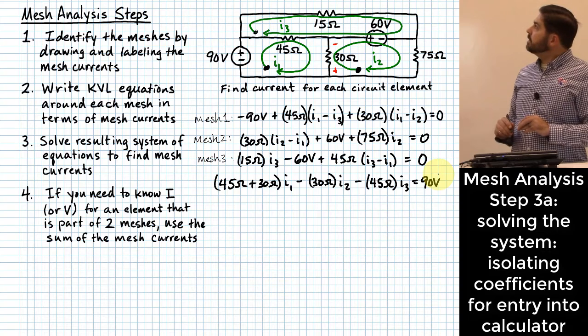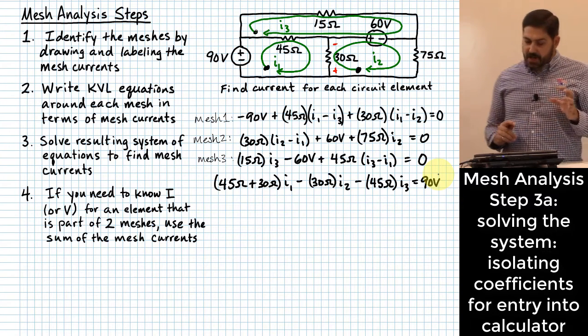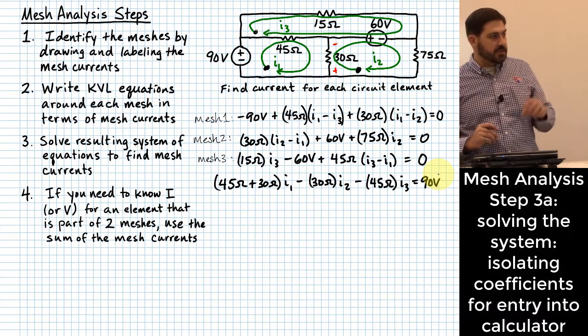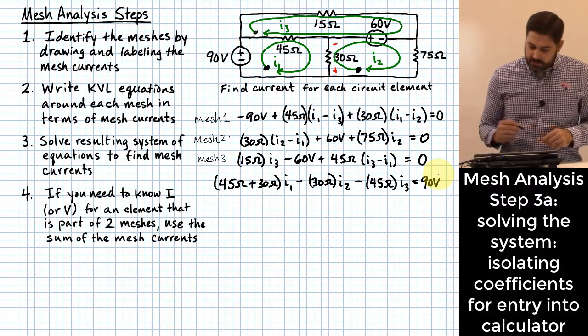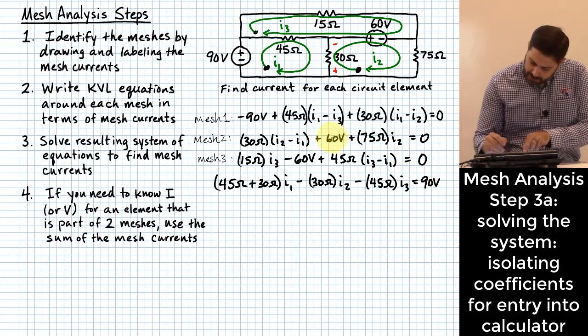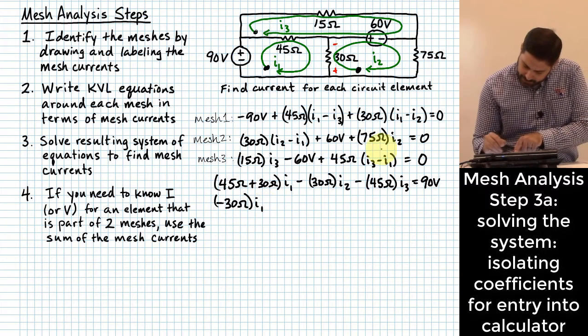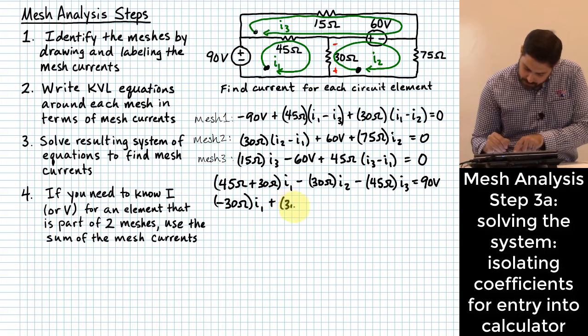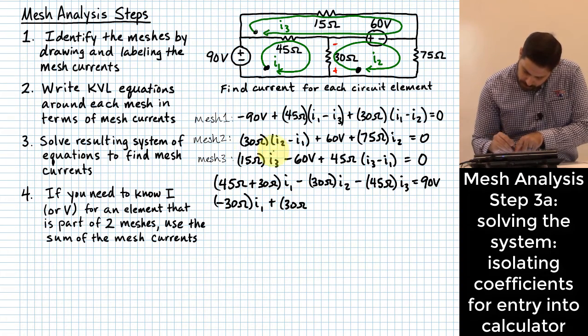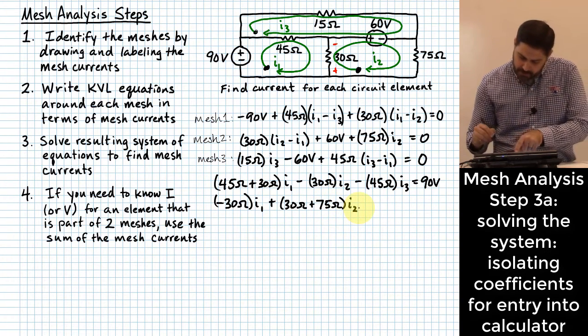Okay, so that's a nice format for how to enter this into a calculator if you're going to try to use a calculator to solve this system. Let's do the next one. I'll go just a little bit quicker. Here I'm going to have a minus 30 ohms, I1. Then I will have 30 ohms plus 75 ohms, I2.